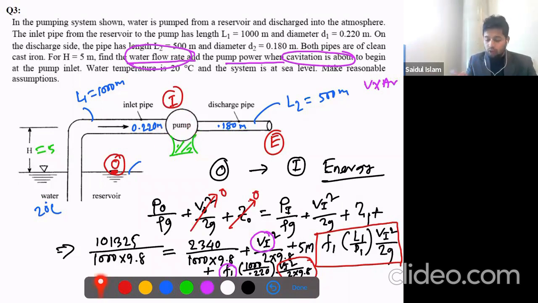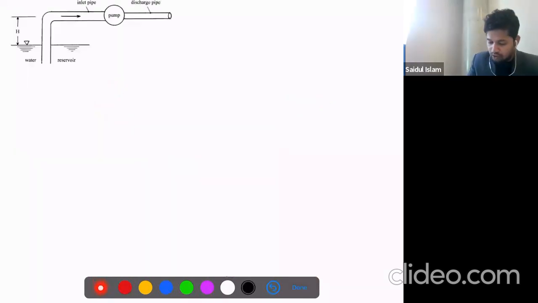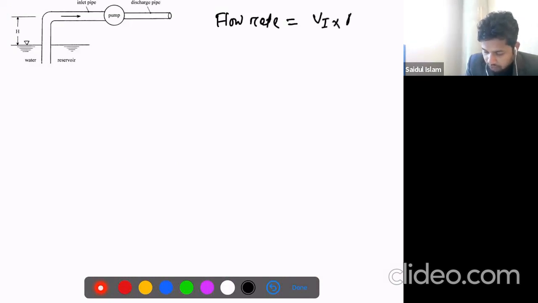We need the pump inlet velocity and the area. We don't know V_I, that's why we are doing these calculations. For the first question, the flow rate at the pump inlet is V_I times the area.